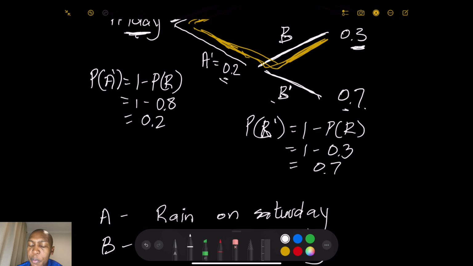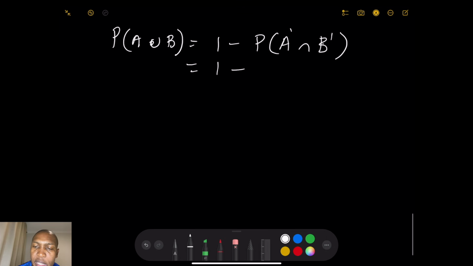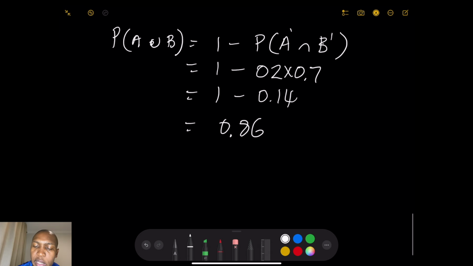So that would be 0.2 times 0.7. So that would be 1 minus 0.2 times 0.7, and that would be 1 minus 0.14, which still gives you the same answer, which is 0.86.